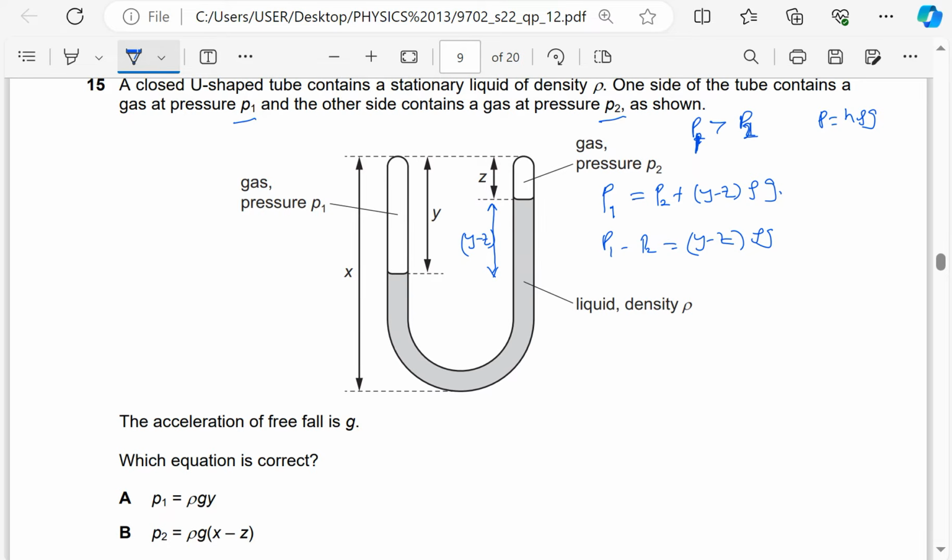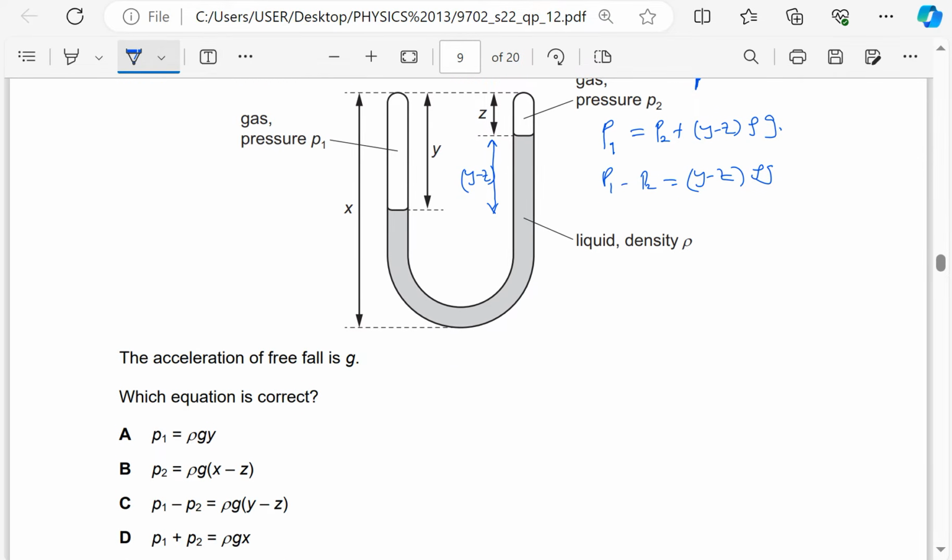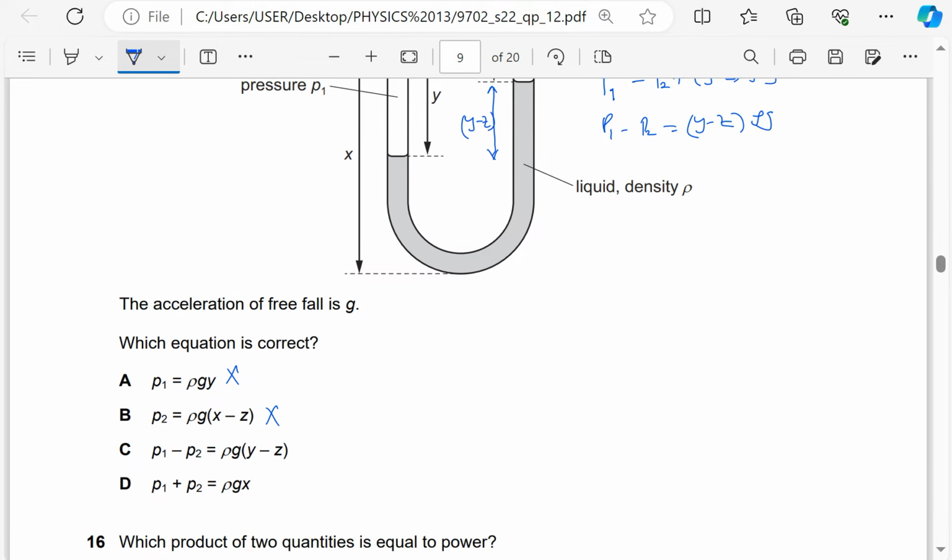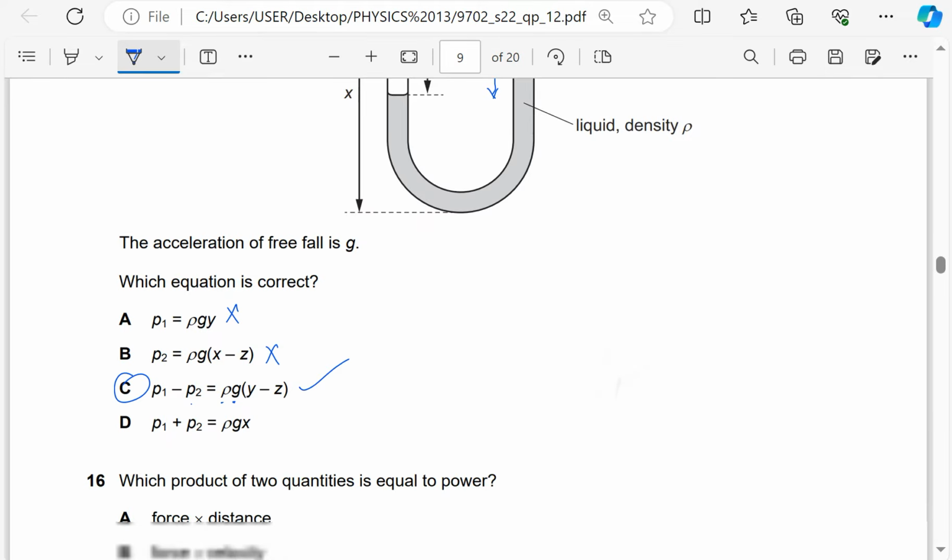Which equation is correct? P1 is equal to density times g times Y. This is not correct. P2 is density times g times X minus Z. That is not correct. P1 minus P2 is equal to density times g times Y minus Z. This is correct. So our answer is going to be C.